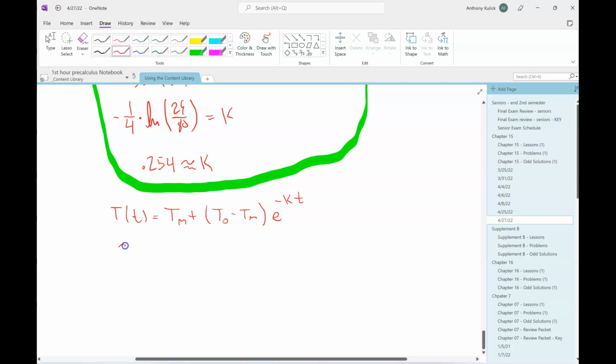So we want to know when T of t is 20. The surroundings are still 16. The initial temperature was still 96. My k is this 0.254, and I'm looking to solve for t.